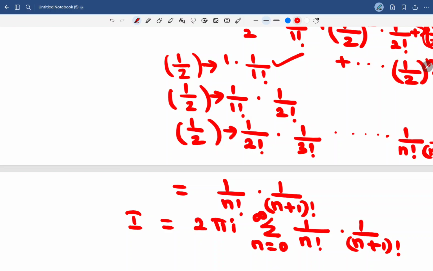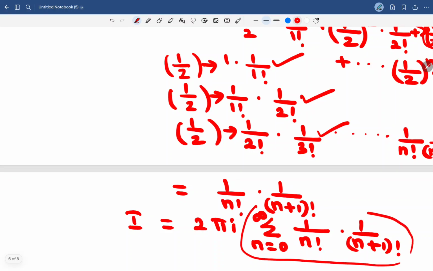Next, by putting n equal to 1, 1 by 1 factorial into 1 by 2 factorial. By putting n equal to 2, we get 1 by 2 factorial into 1 by 3 factorial. Similarly for n equal to 3, n equal to 4. Therefore, for this problem, I is nothing but 2 pi i into summation n equal to 0 to infinity 1 by n factorial into 1 by n plus 1 factorial. This is our answer for this problem.